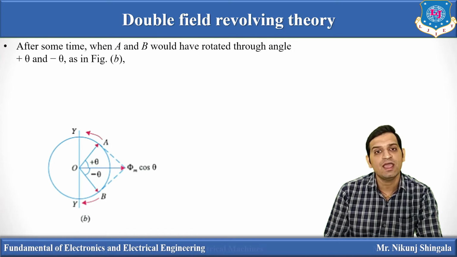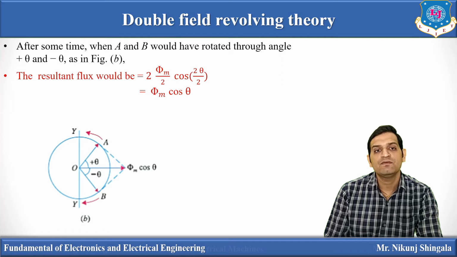The resultant of A and B can be found using a parallelogram. The resultant flux would be 2 into phi m by 2 cos 2 theta by 2, where phi m by 2 is the side of the parallelogram, that is A and B. So the resultant flux is phi m cos theta. So we get the original flux back, which means any alternating flux can be resolved into two components.